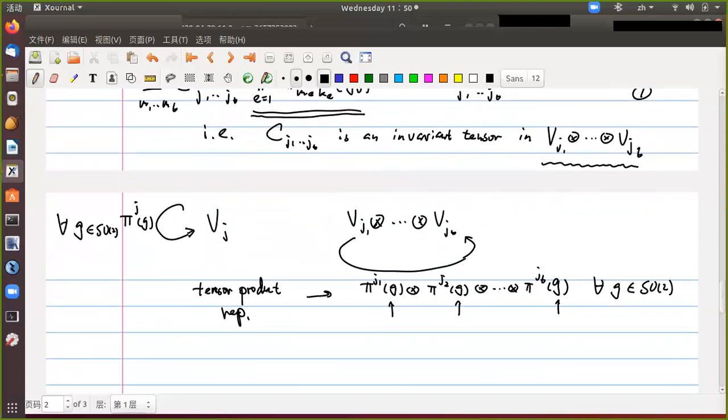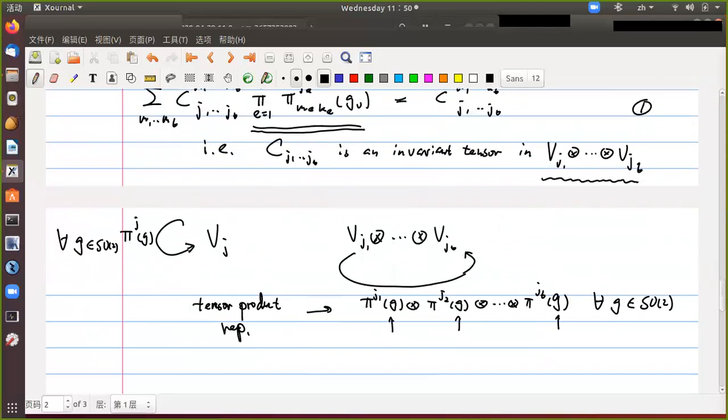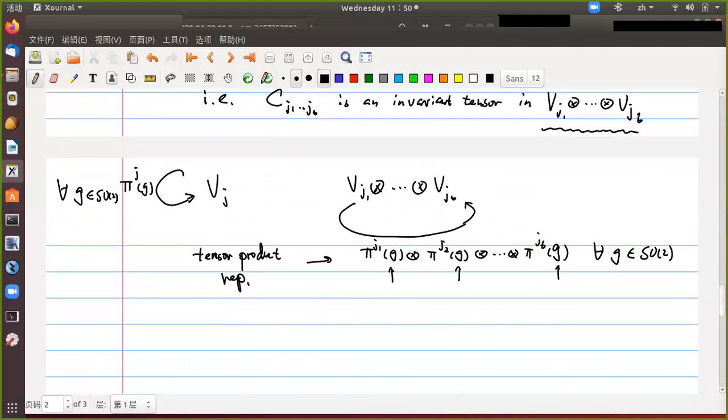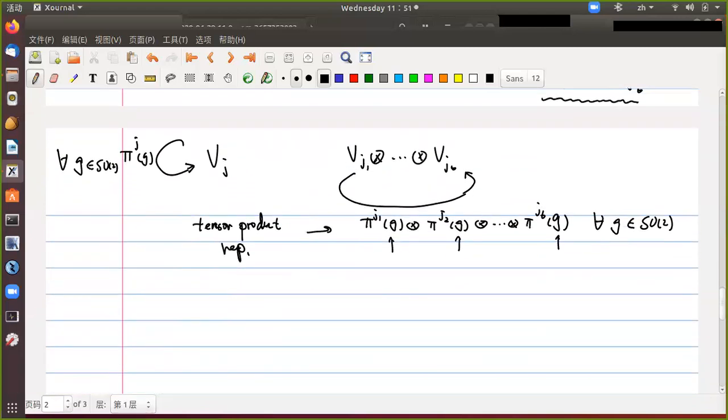Now I can put this formula 1 in another form, which is probably more familiar to you. Let me put a lemma. On each representation space Vj_e, because this is a representation space, you can define your angular momentum operator.